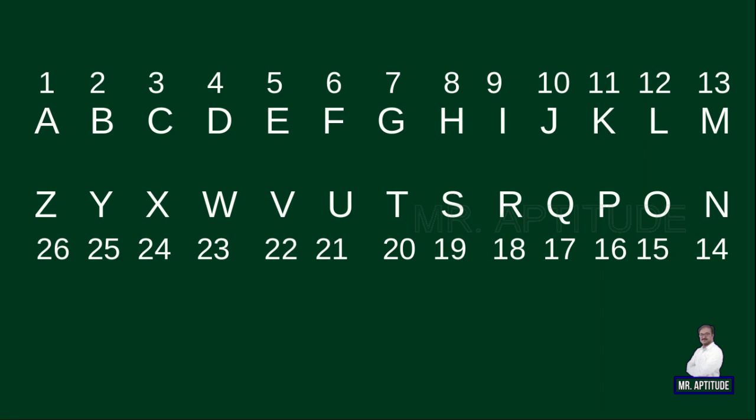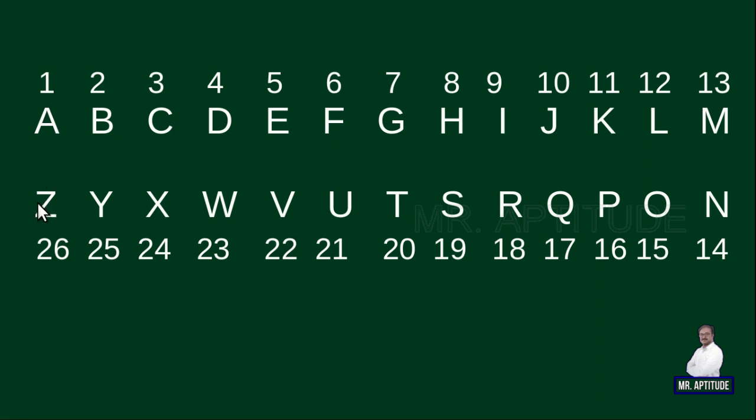If you look at the screen now, A and Z are antiletters. B and Y are antiletters. C and X are antiletters. Antiletter or opposite letter, what does it mean? Place value of this letter A is 1. Z is 26. Sum of these two gives you 27.